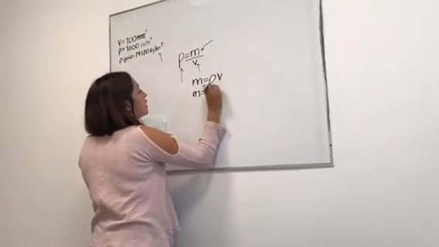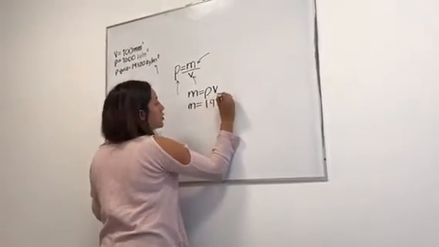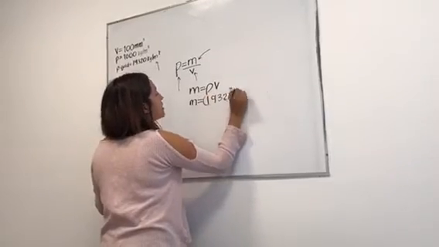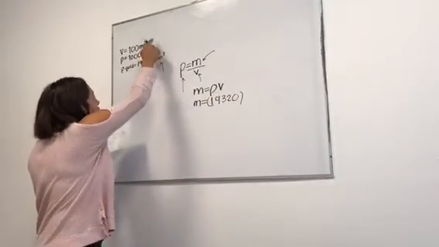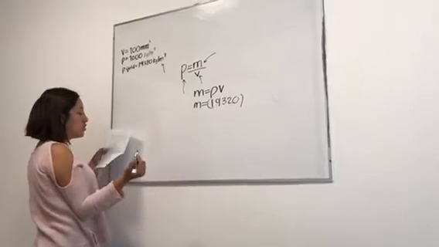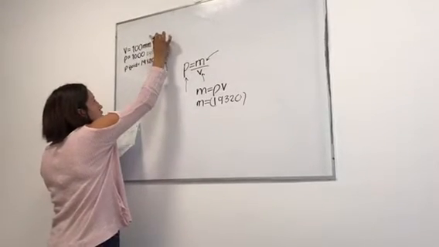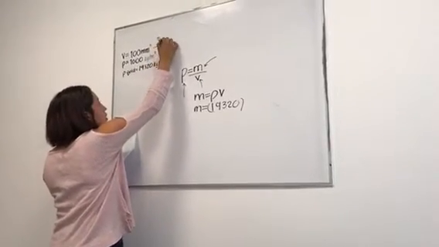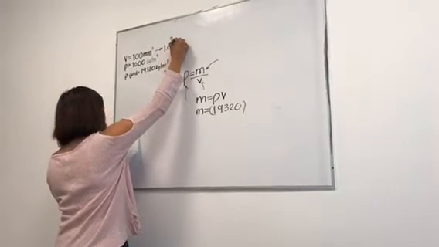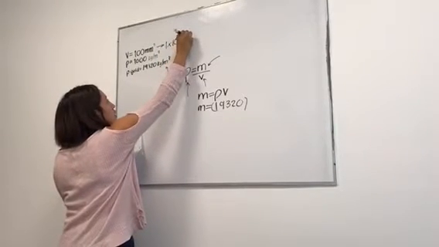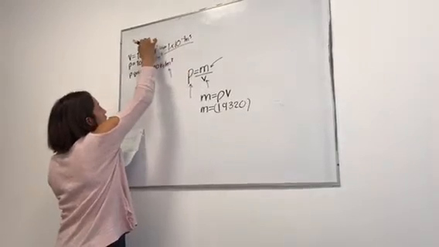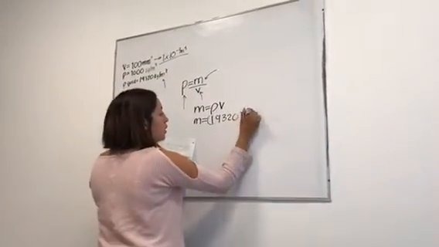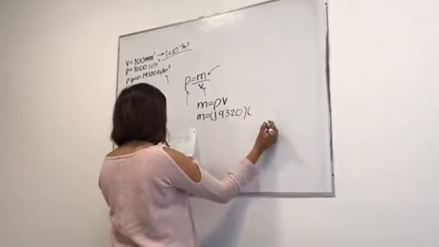That's 19,320 times volume, that is 100, but first we need to convert it to meters, and this conversion is 1. So once we have this in meters, we put it in our formula.